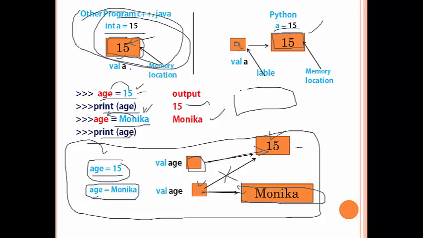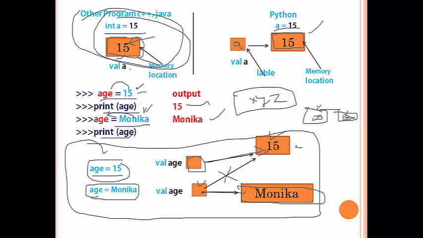Suppose you have a nameplate, say XYZ, for a house. There are two houses. First you put XYZ here, and next time you put it on the other one, so it will indicate that one only, not the first one.